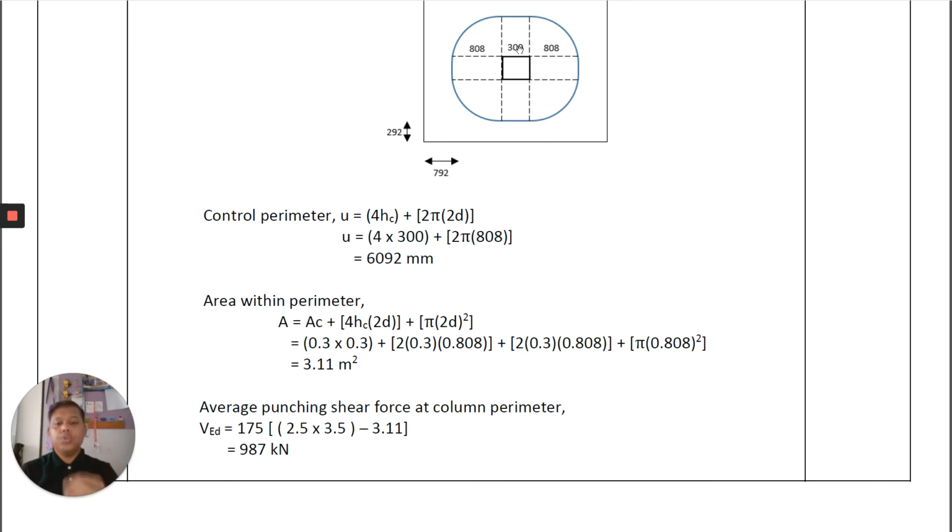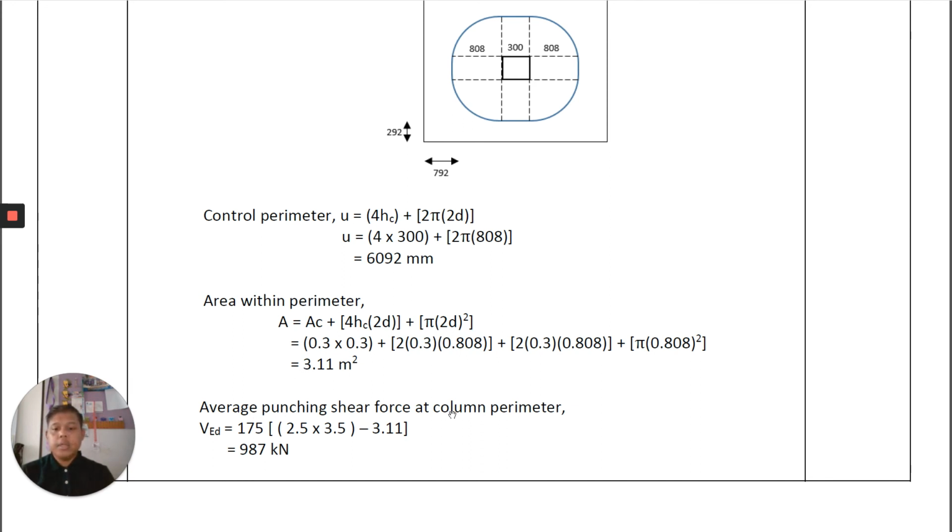Okay, so you should understand what it means. Plus 2 pi times 2D, and then you get the answer here, and then the area within the perimeter. Okay, so here is the formula AC plus 4HC, which means the perimeter of the column, times the 2D, plus pi 2D squared, and then you get the answer.